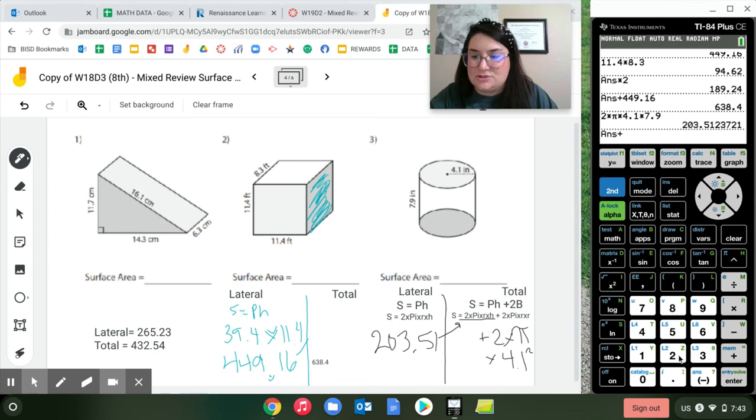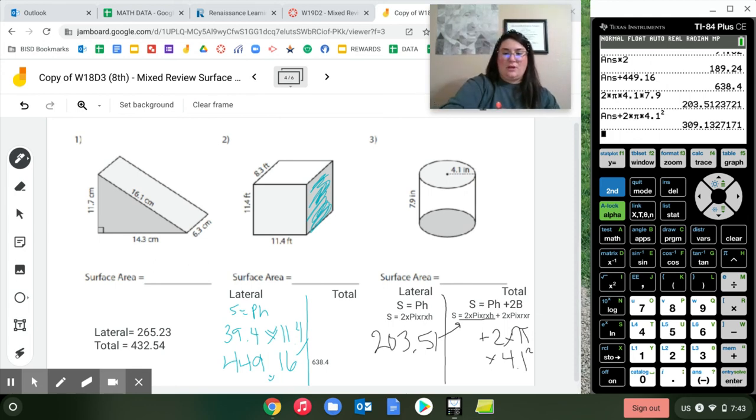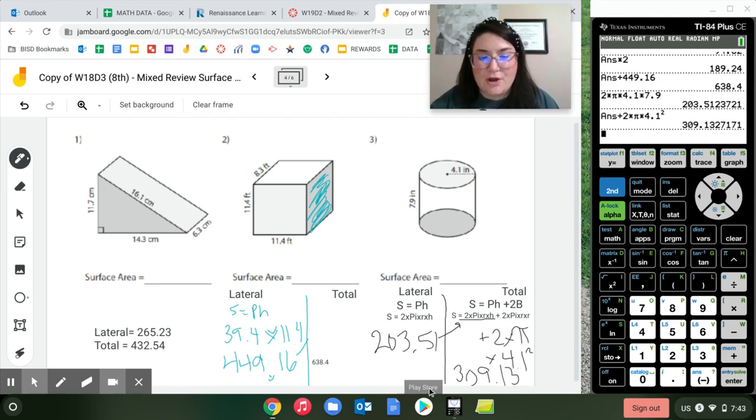So plus 2 times pi, and we get 309.13. All right, and we're good to go because I know that this is smaller than this. That's one way to check it, right? Same thing here. Lateral is smaller than total. Lateral is smaller than total. Always going to be true.